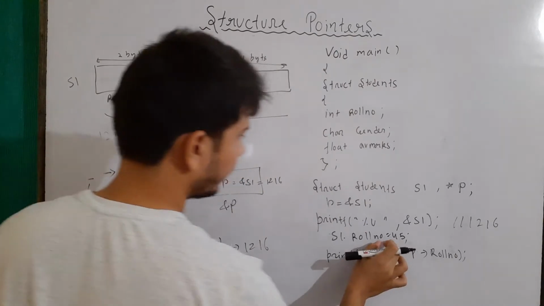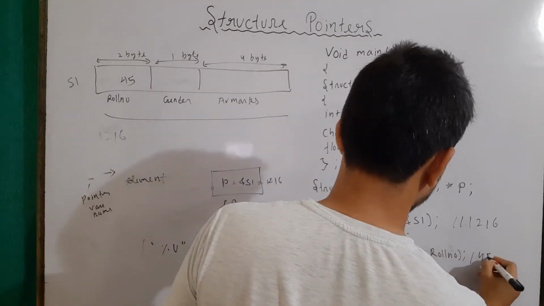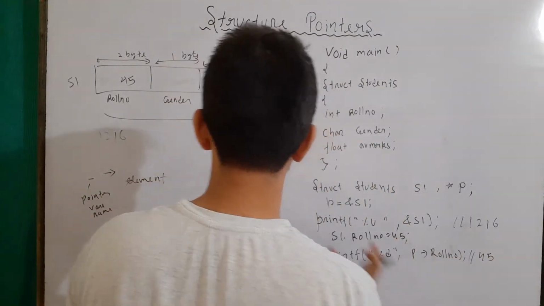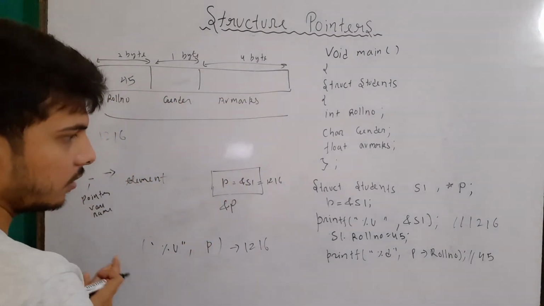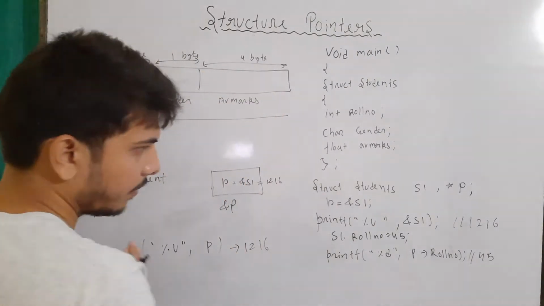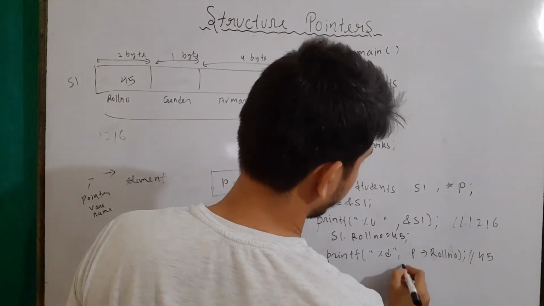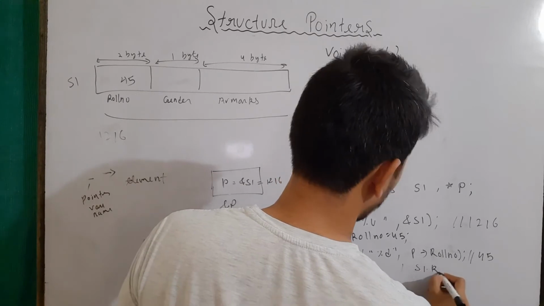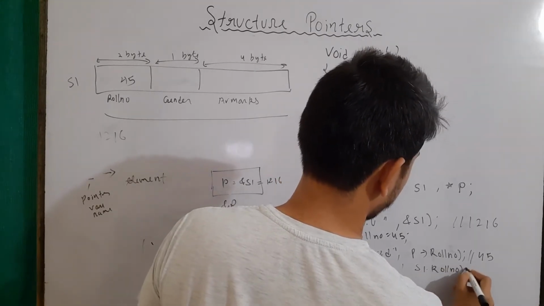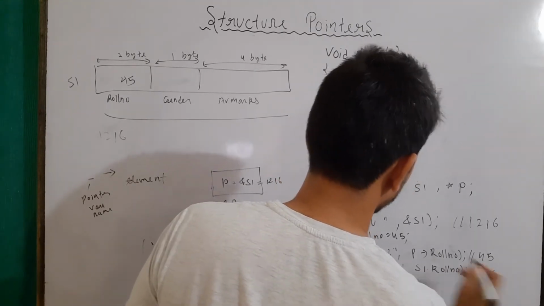In this case it will give me output as 45. Why? Because our structure pointer variable is pointing to our S1 structure variable. Similarly, instead of p arrow roll number, we can also access it using S1.roll number. This will also give me output as 45.